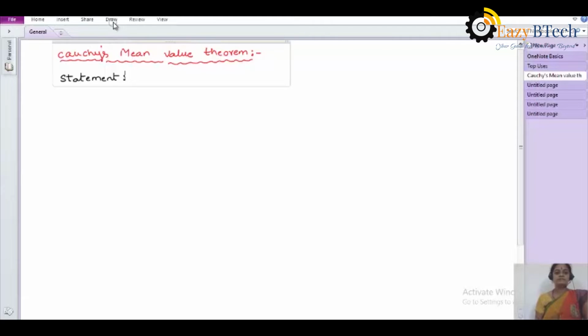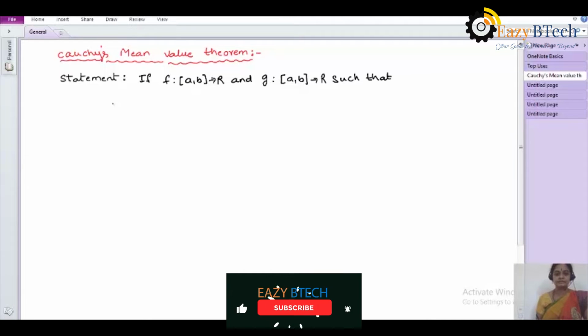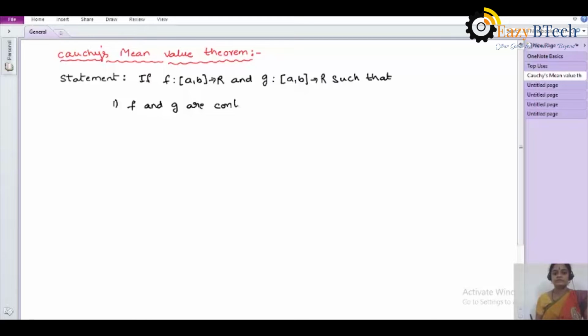The statement: if f maps [a, b] to R and g maps [a, b] to R such that the first condition, f and g are continuous on [a, b], and second condition, f and g are derivable on the open interval (a, b).